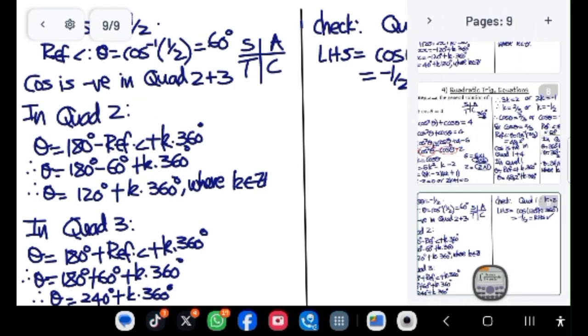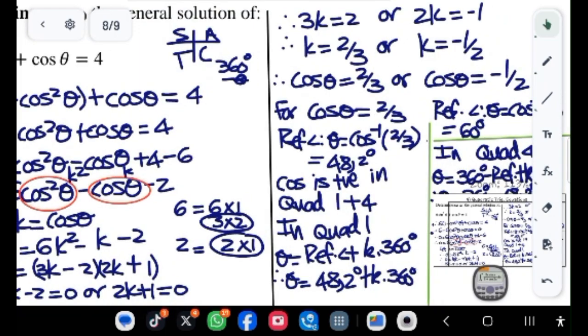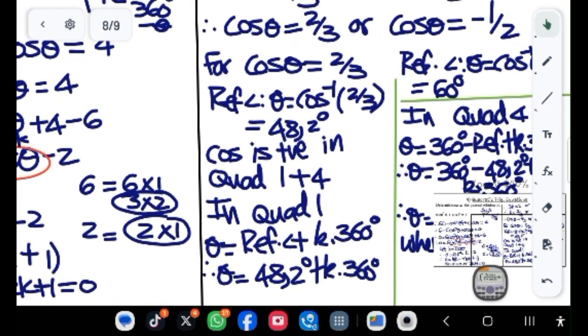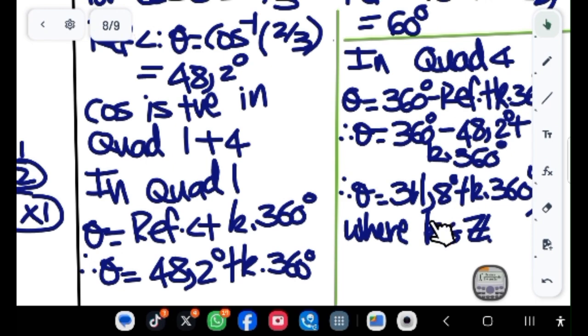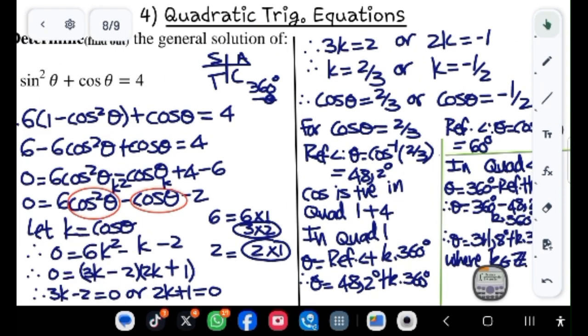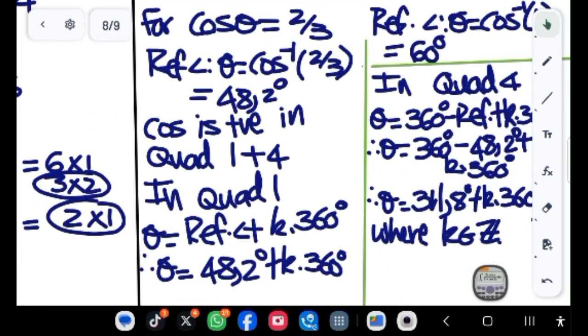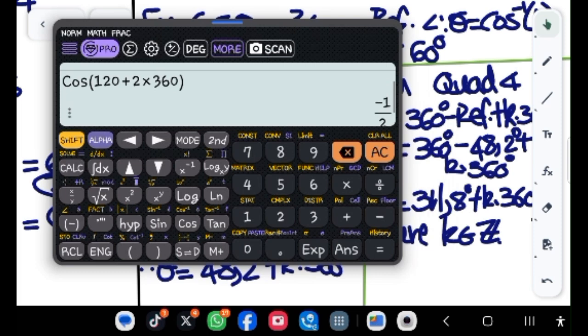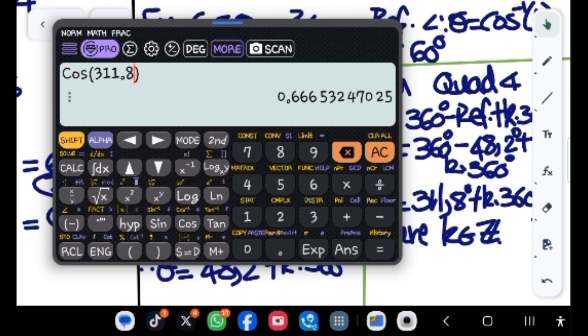We can also go back and check the other one, just one of them. Let's check the quadrant 4 solution, 311.8, and let's use k equals negative 3. So that will be cos of 311.8 minus 3 times 360, and that will give us 0.6665.